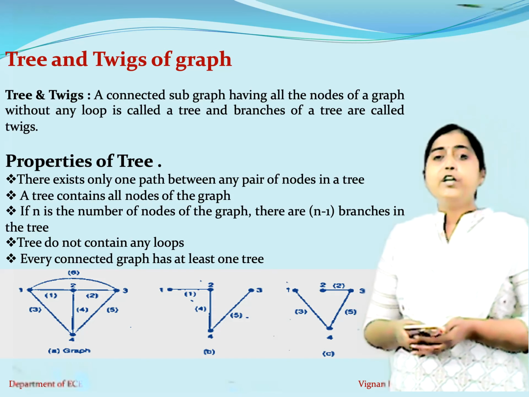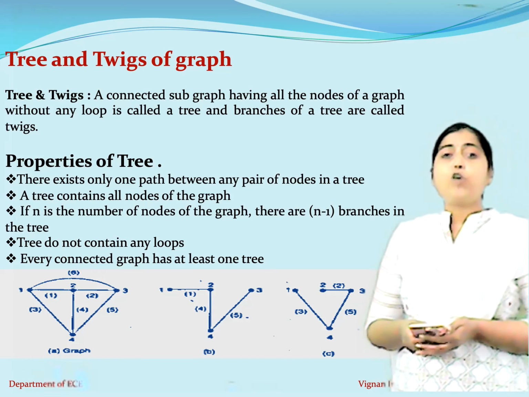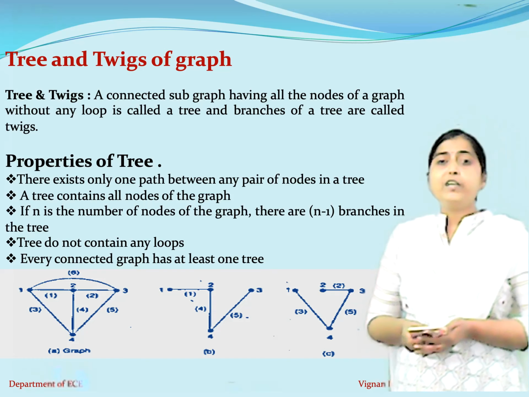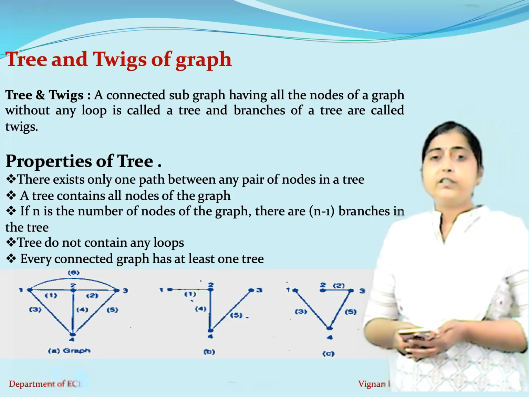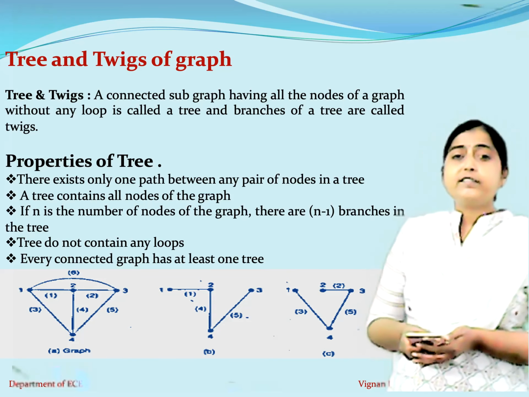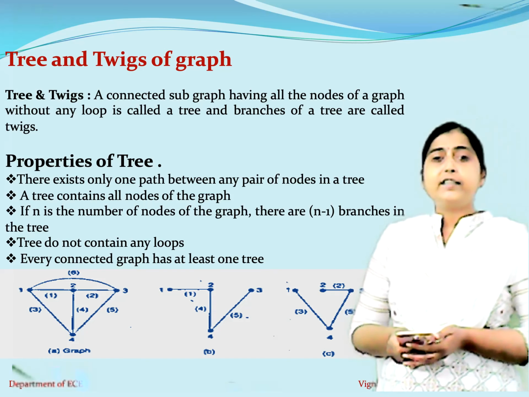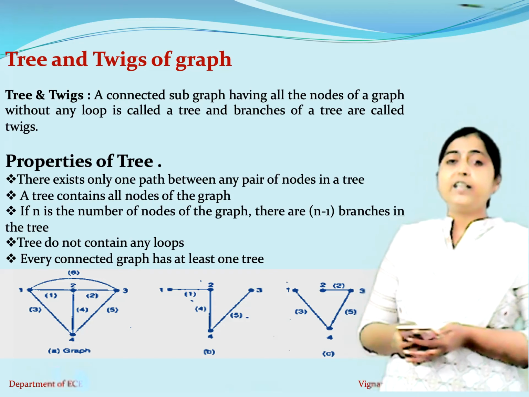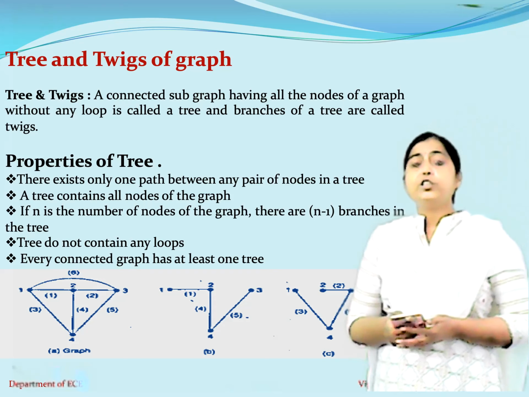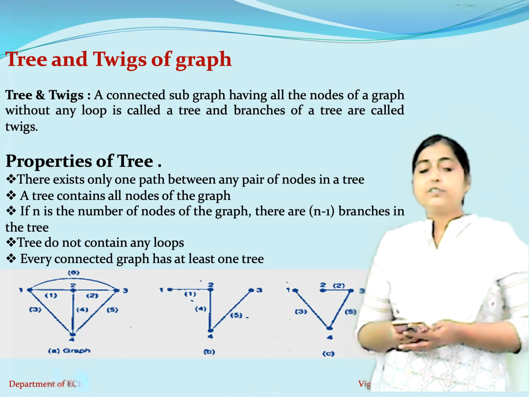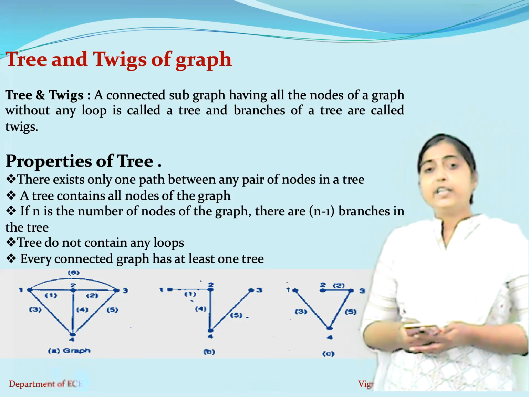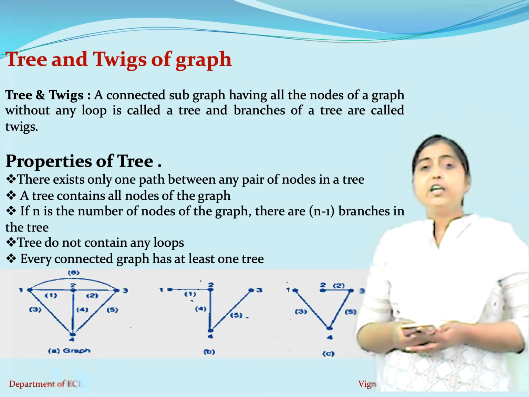Now let us see how many loops there are. If I look at this particular network graph, there are 3 loops. This is the first loop, this is the second loop, and this is the third loop. A loop should be a closed path, and in a loop the same node should not repeat. So there are 3 inside loops present in this network graph.